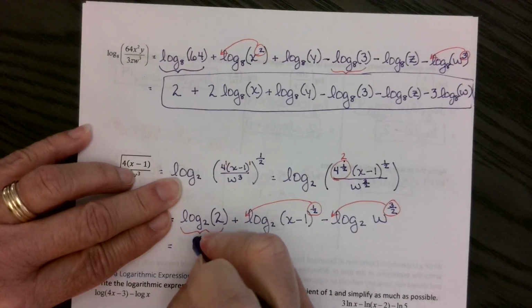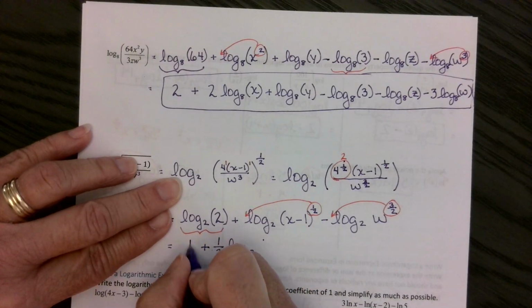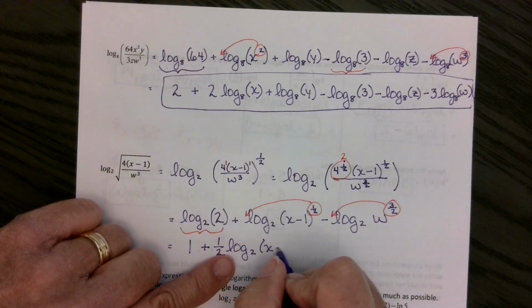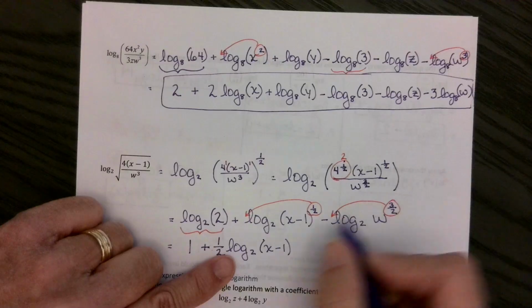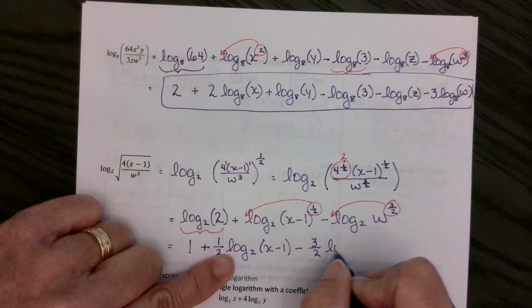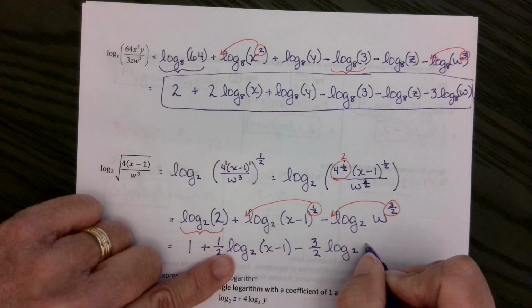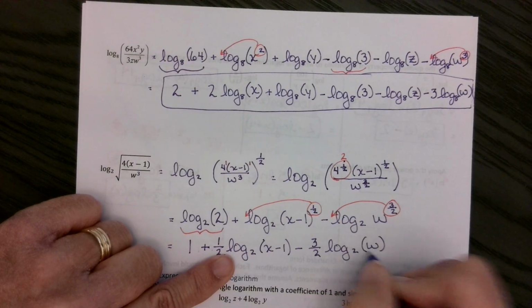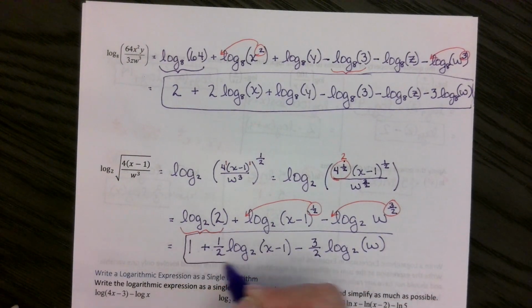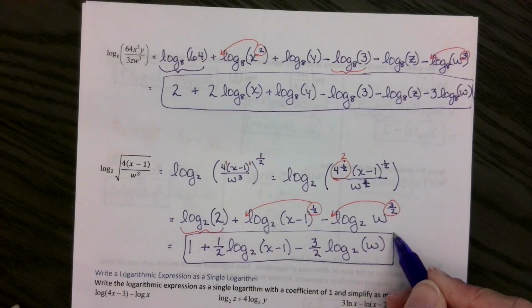Let me move this stuff, kind of squished it in there. Let's do 1 plus 1/2 log base 2 of x minus 1. And then that 3/2 minus, it goes to the front, 3/2 log base 2 of w. Okay, we got rid of our radicals and we got rid of our exponents.